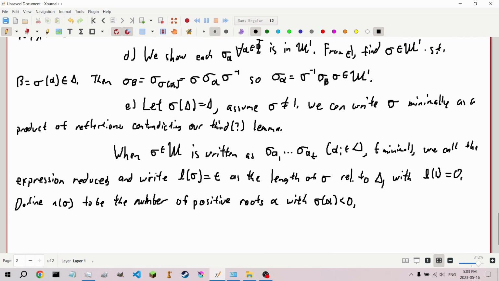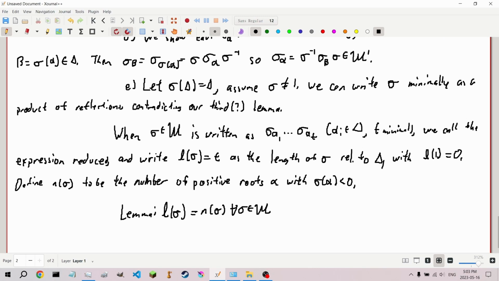And now this comes with a lemma which just states that the length of an element of the Weyl group is just the same thing as this new function, and our proof.